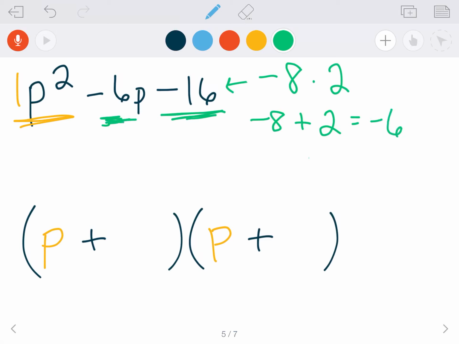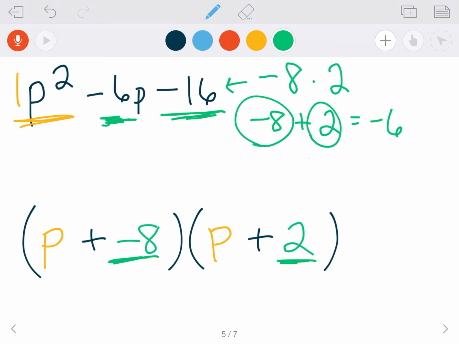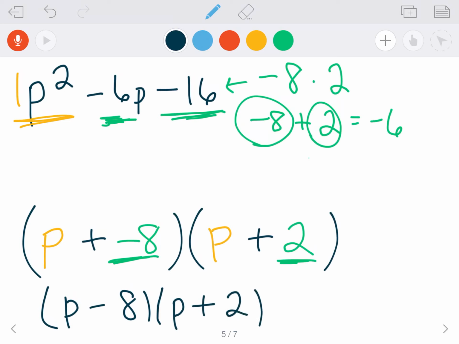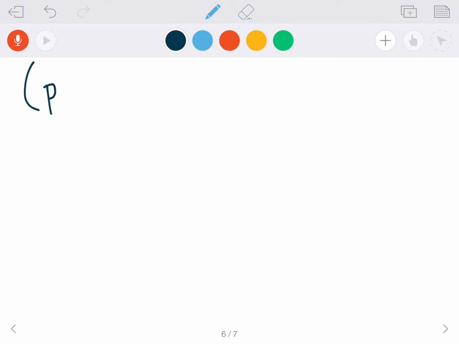That's what we wanted. Okay, so that means that the two numbers for these two spaces here should be negative 8 and positive 2. And if you don't like writing plus negative 8, you can also write p minus 8, quantity, times quantity p plus 2. Okay, let's use the FOIL method to make sure that this is the correct factoring. So on the next page, we have quantity p minus 8 times quantity p plus 2.